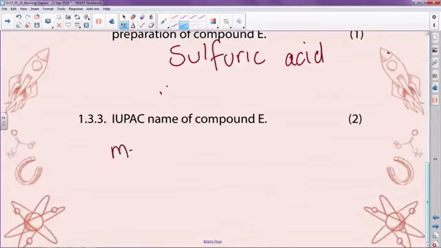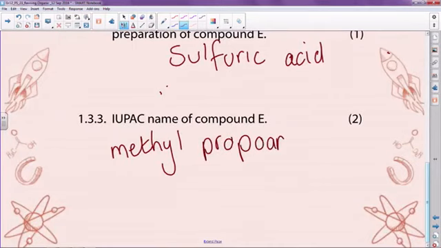They just wanted the name. And esters are actually 2 words. It's the only one that you do that is 2 words. So it's methyl propanoate.